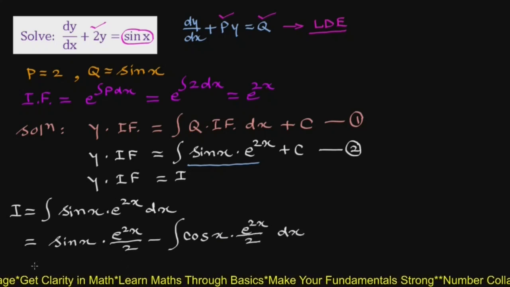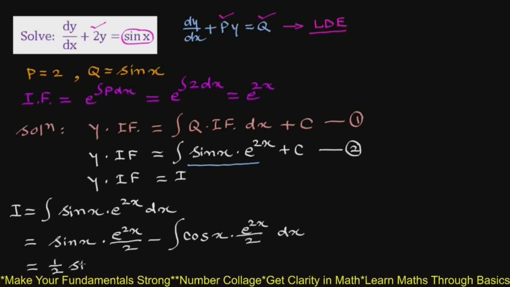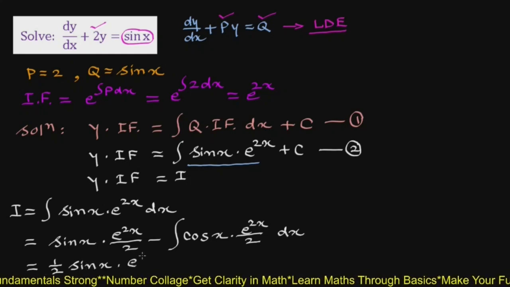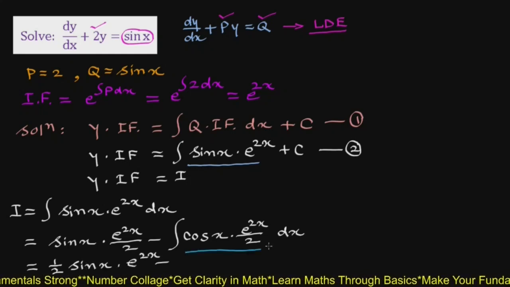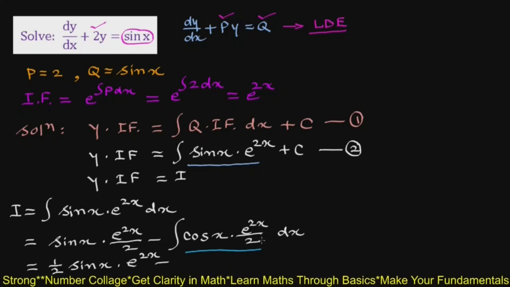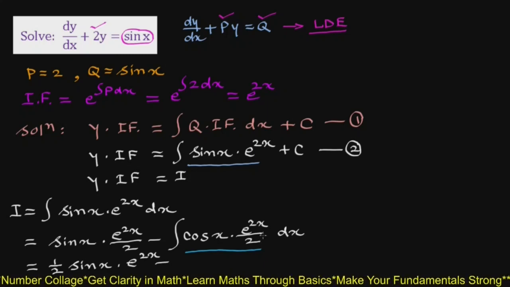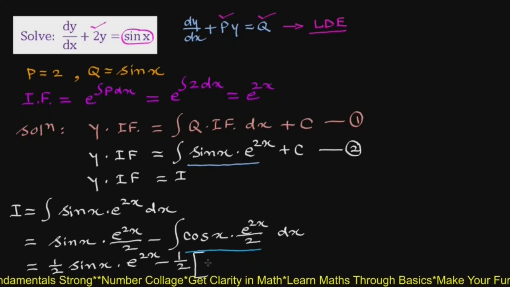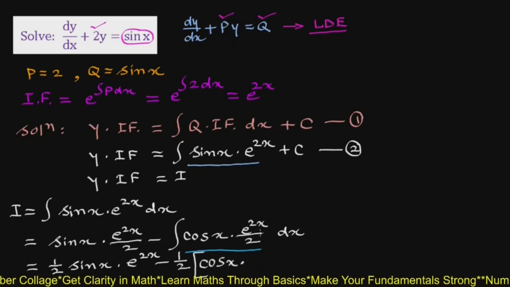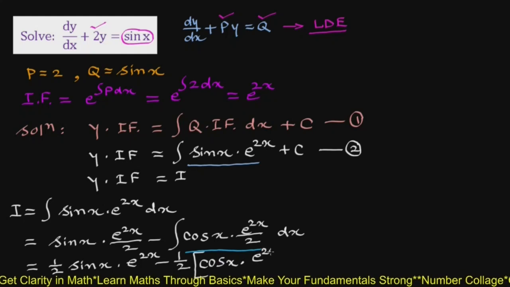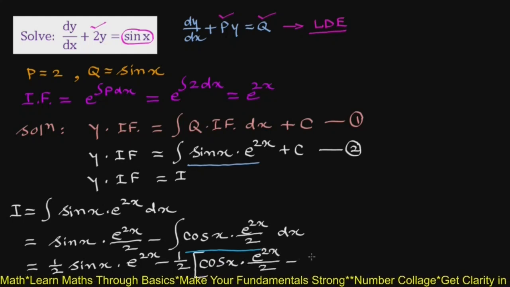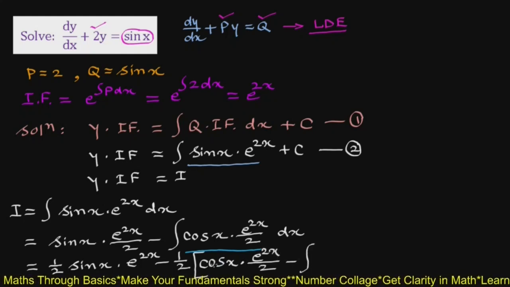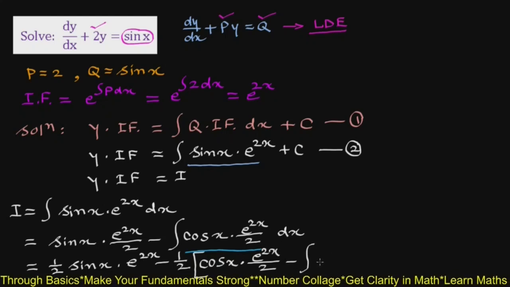Which is half sin x into e raised to 2x minus, this is a product of two functions. So here also we have to use the method of integration by parts. So half into first function cos x into integration of e raised to 2x, e raised to 2x upon 2, minus integral of derivative of cos x, which is minus sin x.